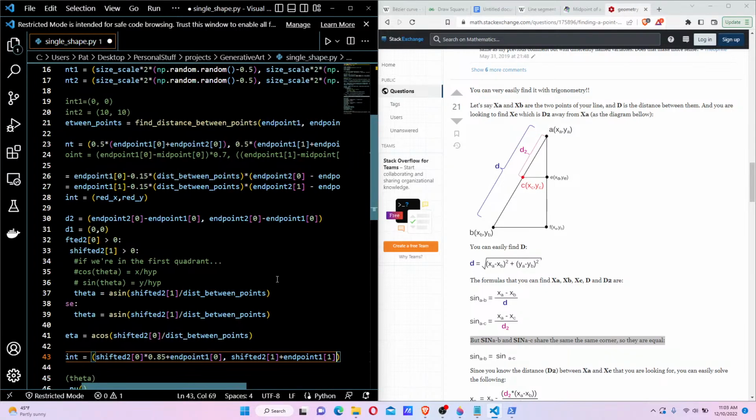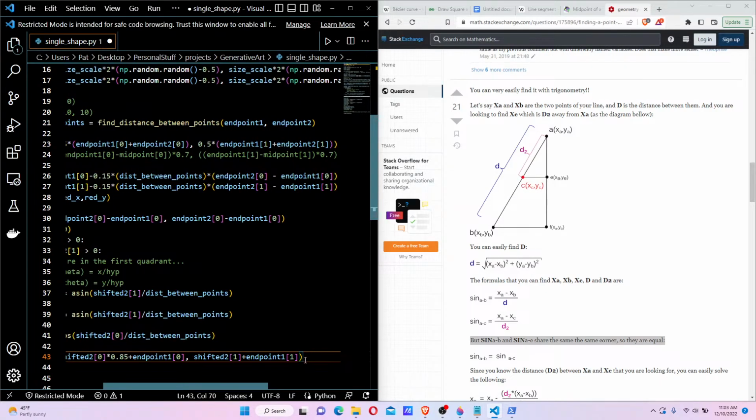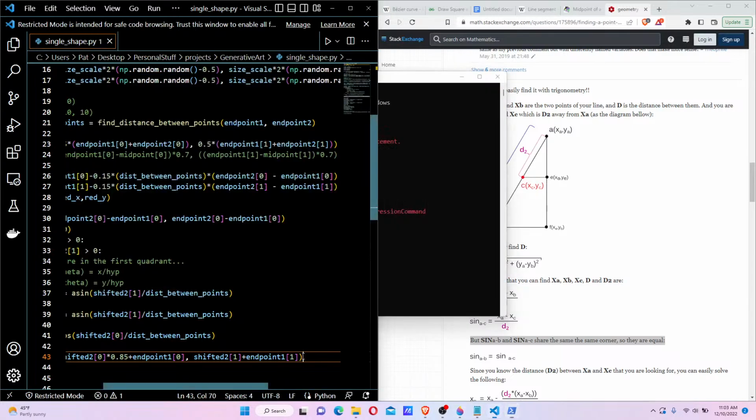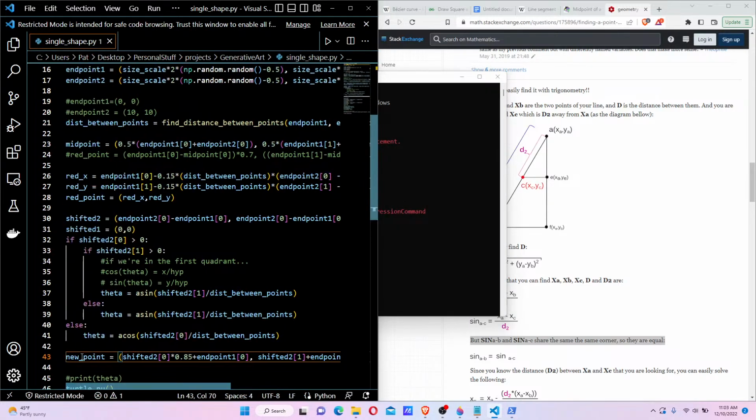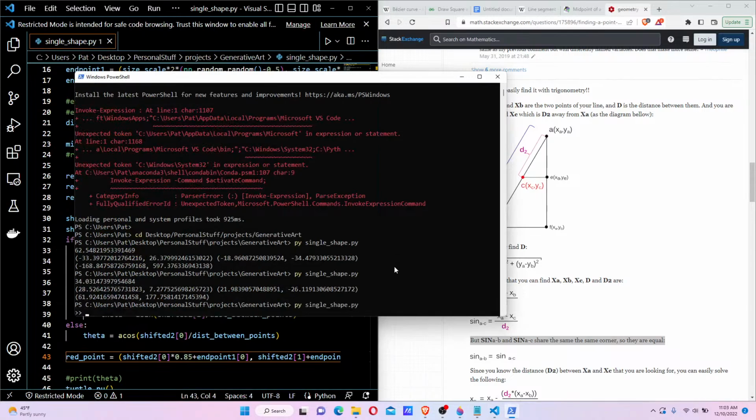Okay. And that should be our new point. Okay, now I think that should work. That at least makes sense in my head. So, not new point, this will be the red point. Okay, now let's see what it does.